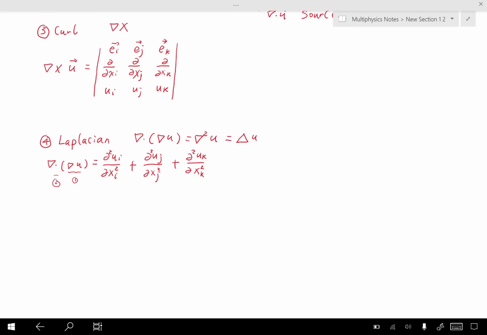So let's do it together. How to get this one? Let me show the derivation here. This one we know is just this, right? And then second step, we want to get the divergence of this one.